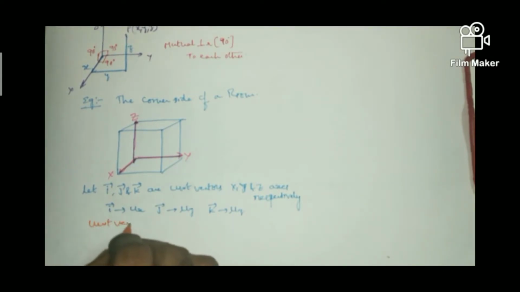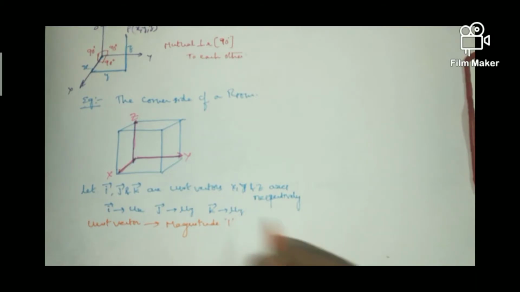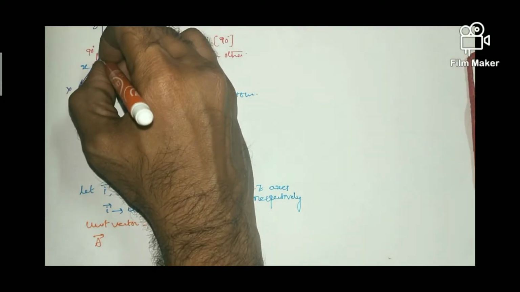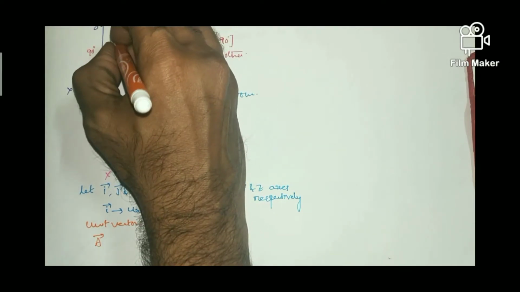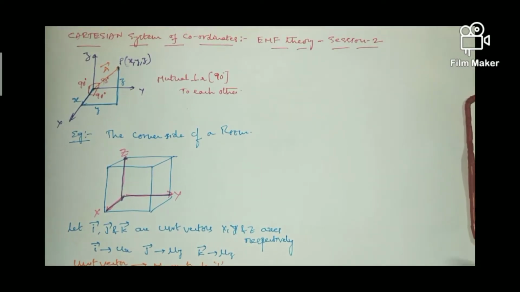Unit vector will have the magnitude of 1, and hence here the vector a bar is equal to x length along x-axis, so it is represented as x i bar, plus y length along y-axis and z length along z-axis.